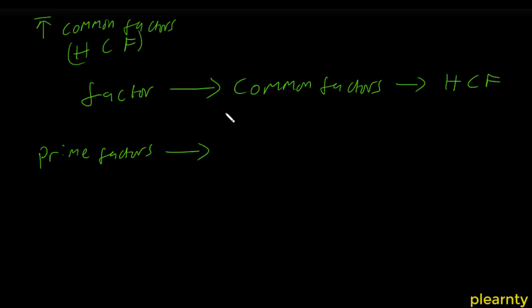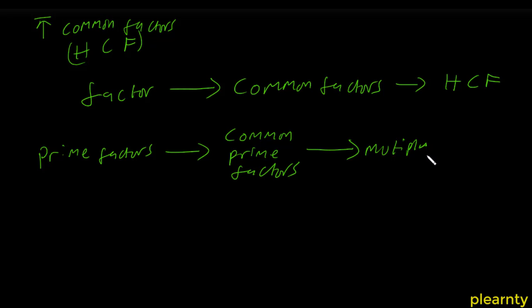In this case, you are not just having common factors, but common prime factors. After having the common prime factors, you just multiply, and then you have your highest common factor. This is as simple as that.